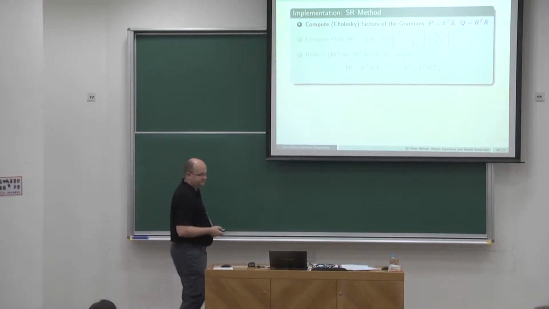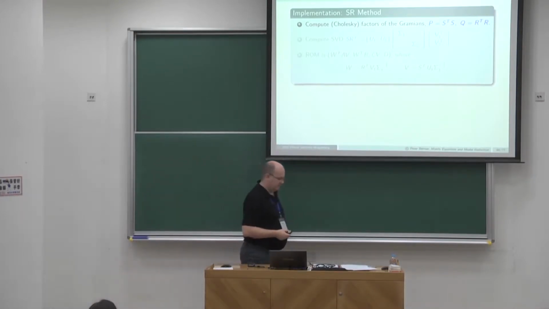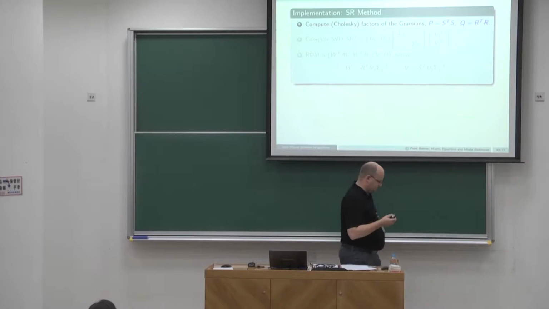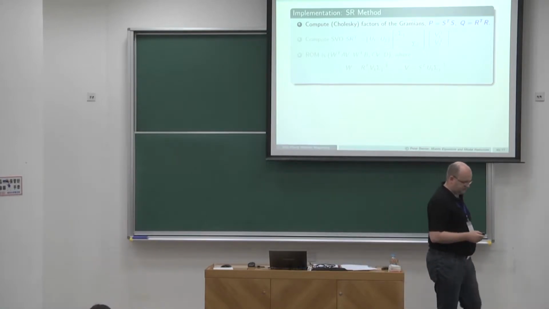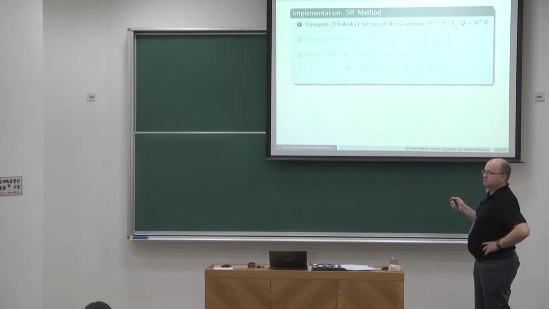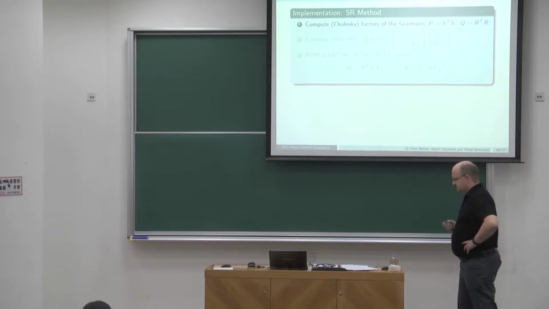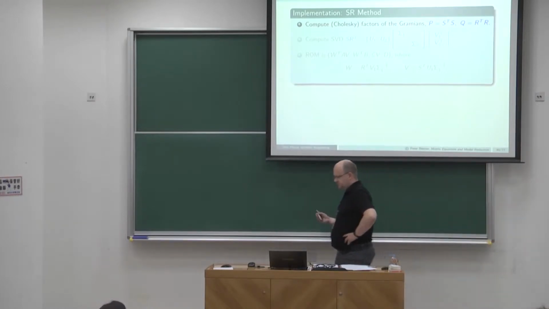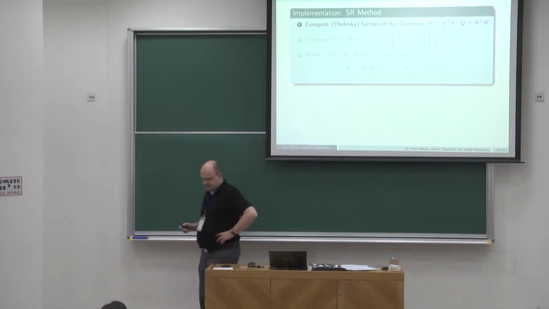So the way to implement this is usually the SR method. We will have an alternative in the exercises, the balancing-free SR method, where you avoid going explicitly to the balanced coordinates.